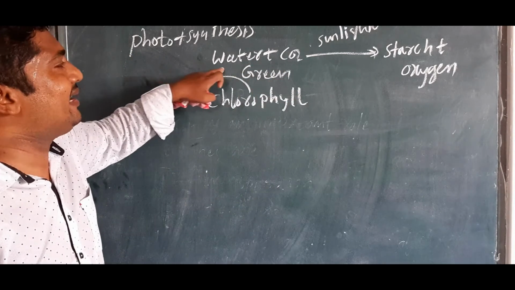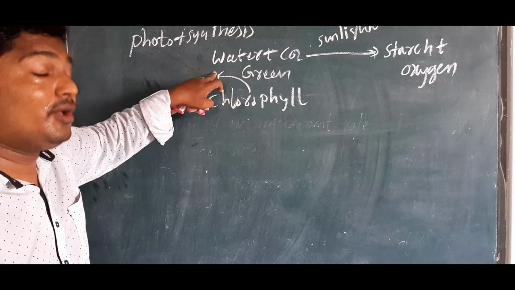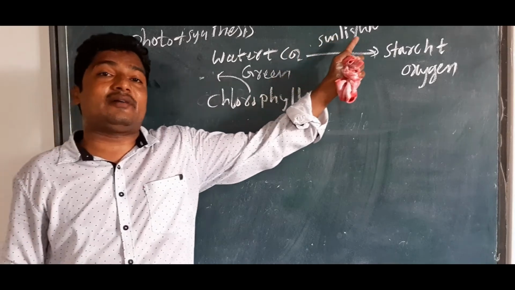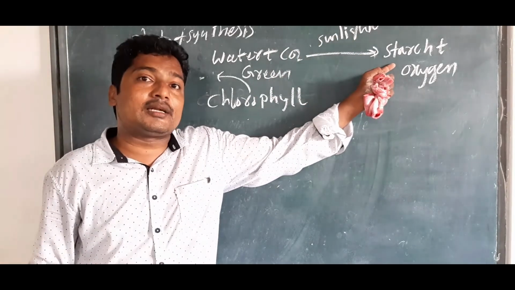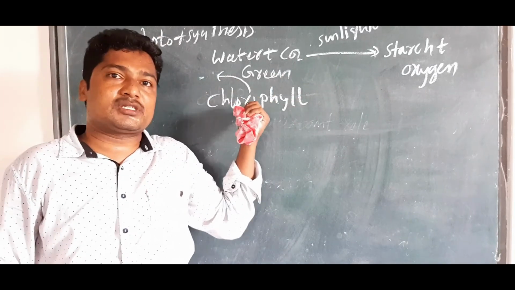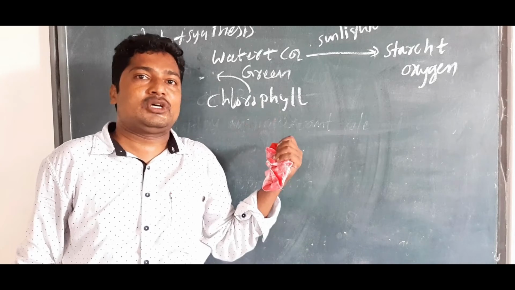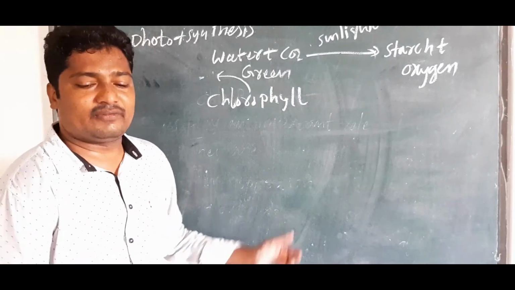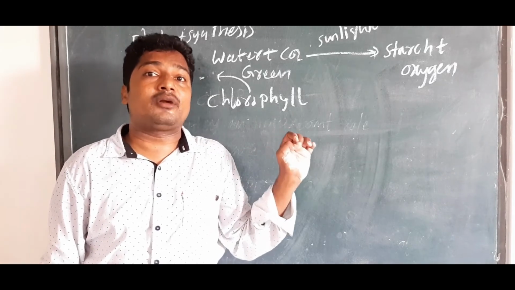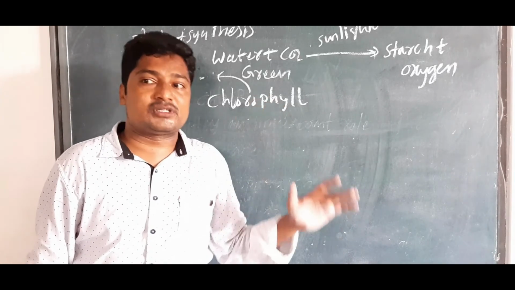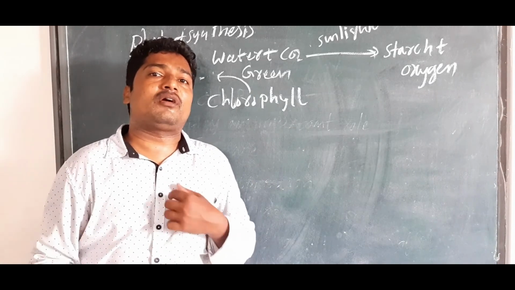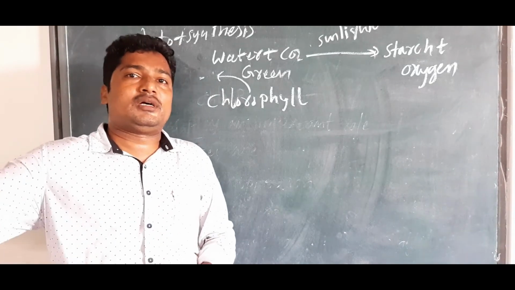So all the green plants prepare their food with the help of water, carbon dioxide and sunlight. They give the result starch and oxygen, isn't it? This process is also done by the leaves, which take the main role in photosynthesis. Understand? So, children, all of you please recall and revise this once again.